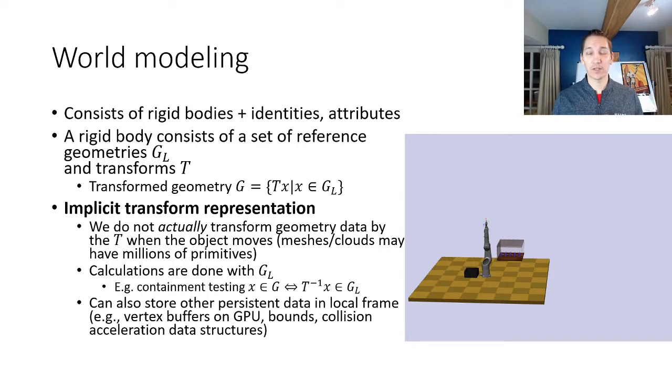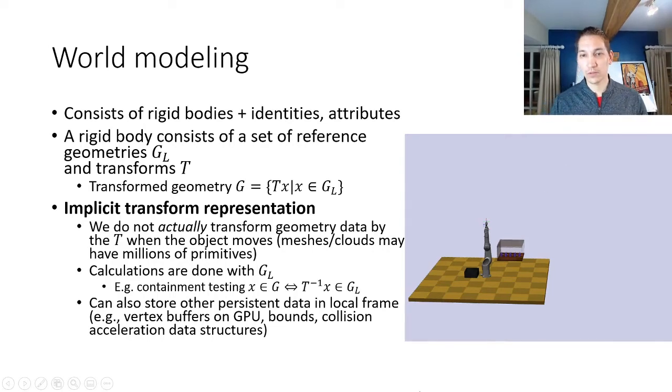These rigid bodies contain reference geometries, which we'll call G_L, as well as their transforms T. We're not going to actually transform the geometry information, but we're going to use what's known as an implicit transform representation. So the geometry itself does not change. The kind of representation that we use, for example triangle meshes, point clouds, etc., stays fixed, but the transform T will change. As the robot moves around, its transforms will change, but the underlying geometry will not.